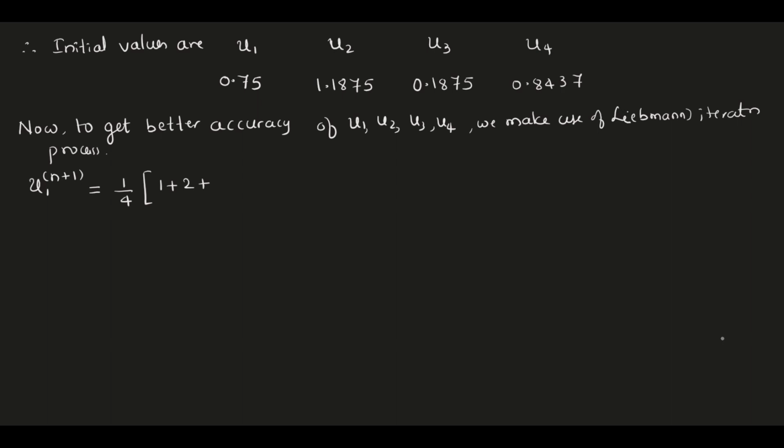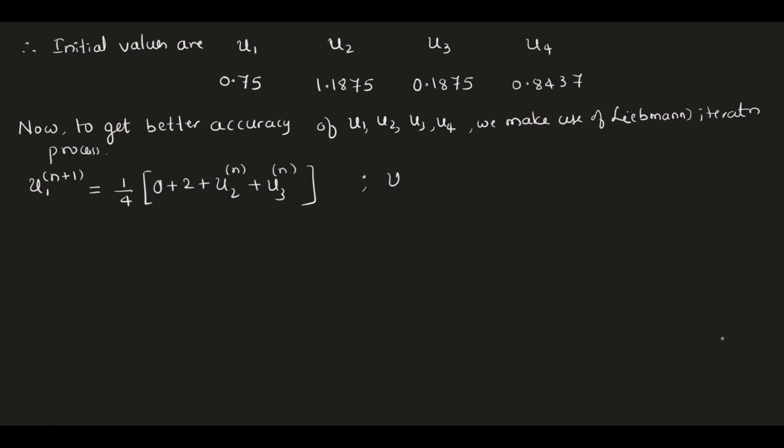So 0 plus 2 plus u2 plus u3. I want n plus 1, which means I need to enter the previous values, the initial values, and then here u2 of n plus u3 of n. This is how to write the formula. Use the standard 5-point formula to write all the values. Yes, this is u1 of n plus 1.